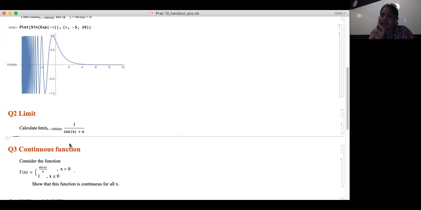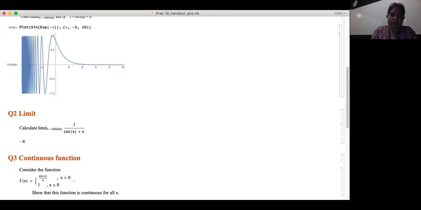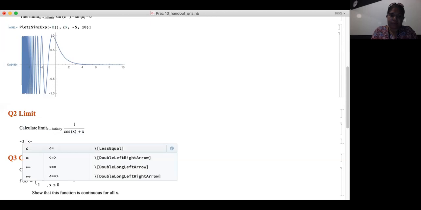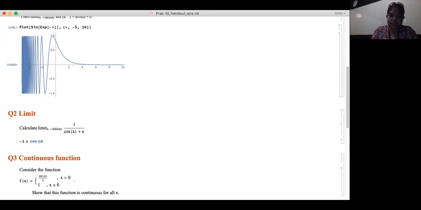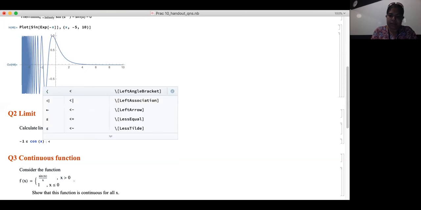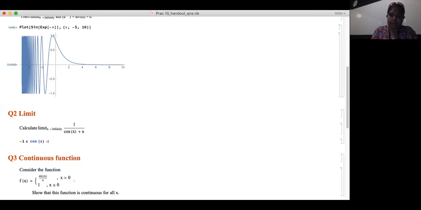Okay, cos function oscillates between 1 and -1. X dominates the denominator. Yeah, that's a good observation. Then you could add x plus x.